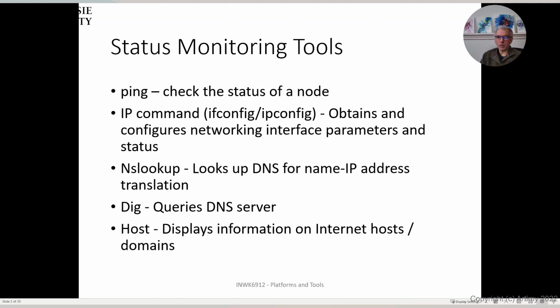nslookup looks up or troubleshoots the DNS server. So I can, for example, find out if the DNS server exists, or it gives me information about the DNS server. Let me switch.